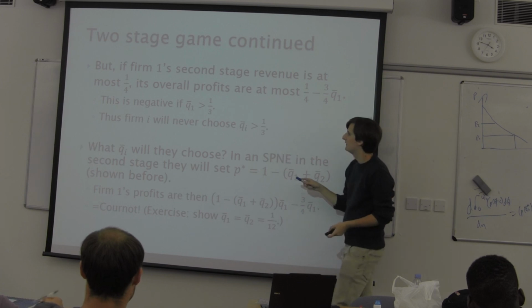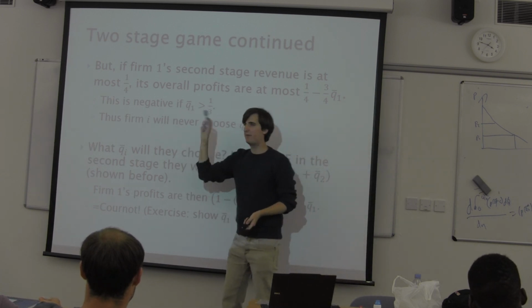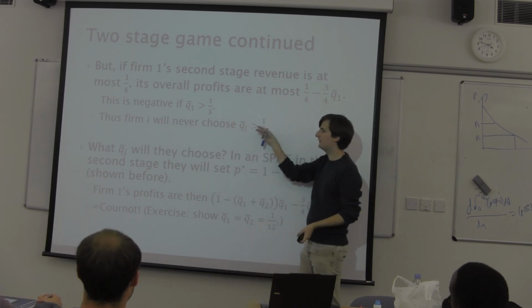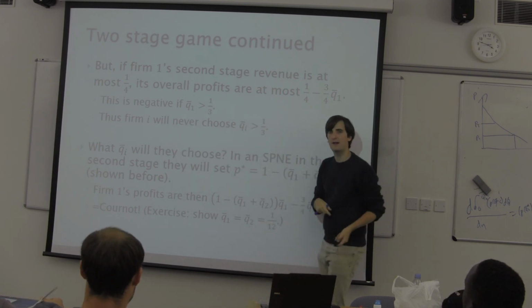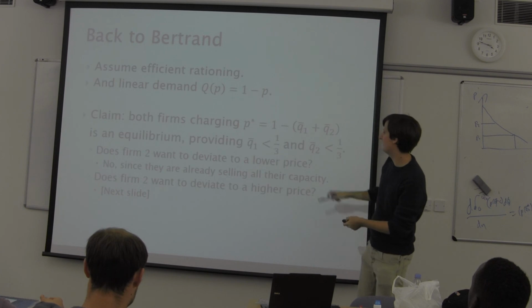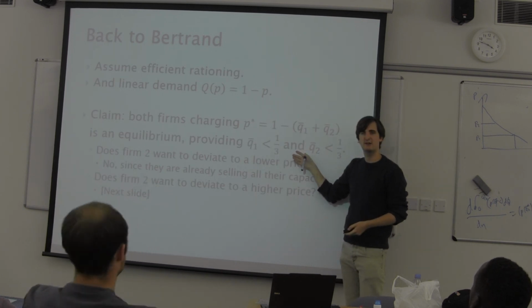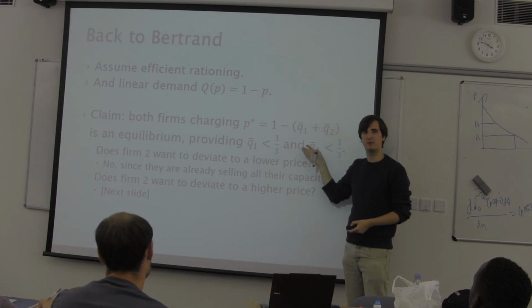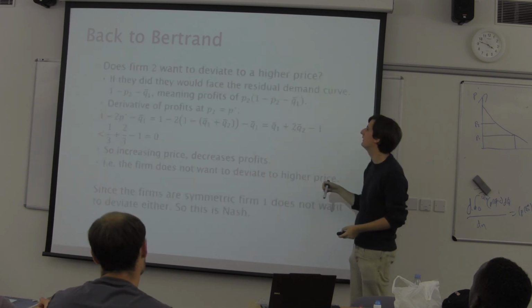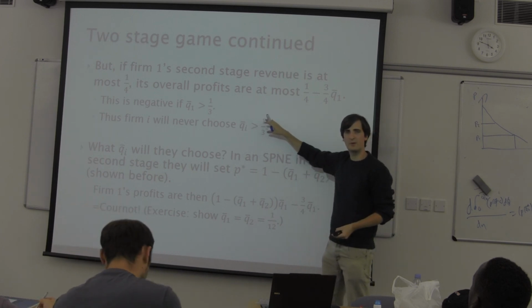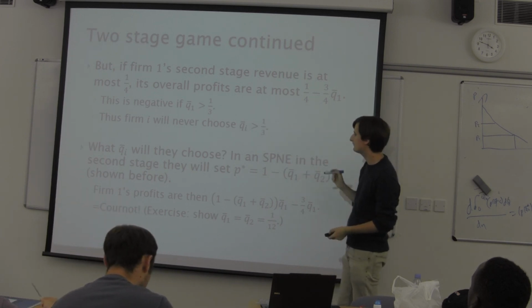So without solving the problem at all, firm 1 will never want to choose a quantity bigger than a third. Remember this was one of the assumptions we made when we solved the second stage game, that both chose a quantity less than a third. So we've proven now that they don't want to choose a quantity bigger than a third, so that's good.